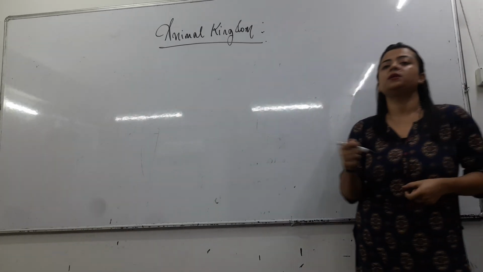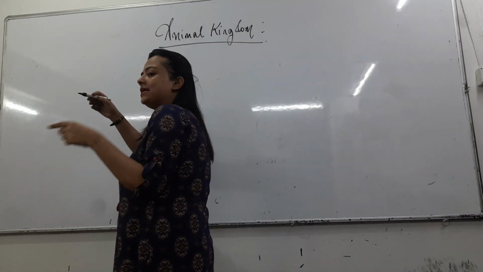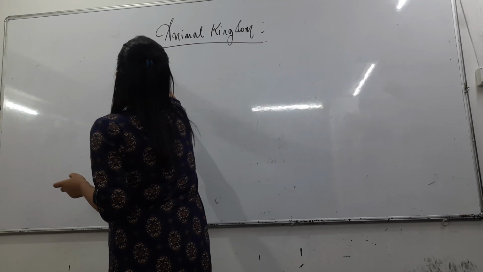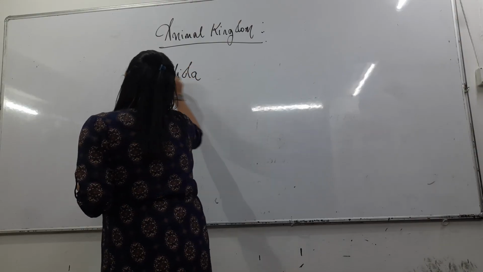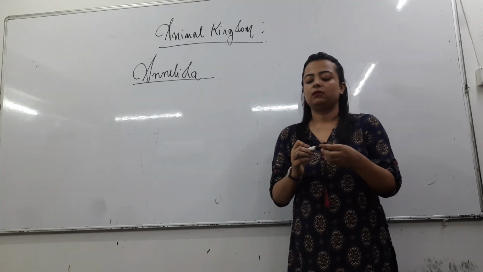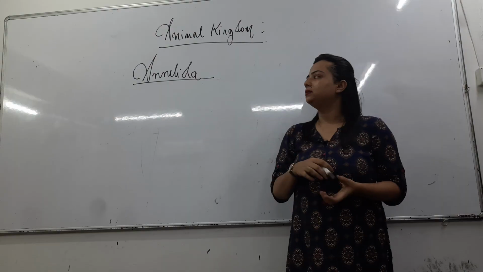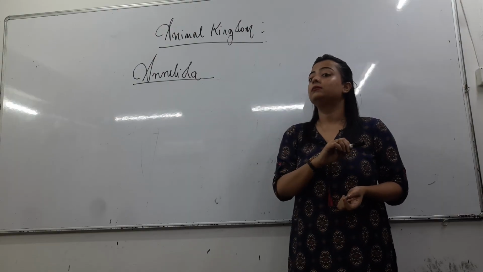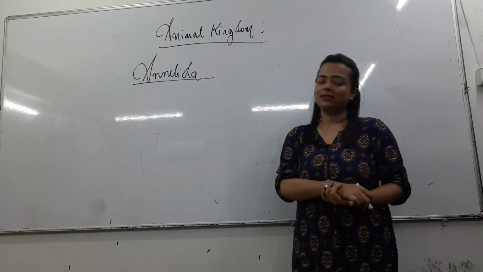Okay. The next phylum is Annelida; Platyhelminthes and Aschelminthes we have done. Those who have studied Annelida, what do you know about it? What kind of animals fall under Annelida?